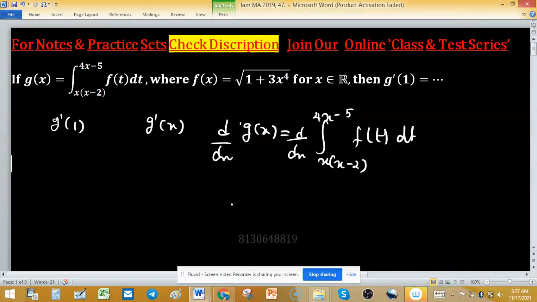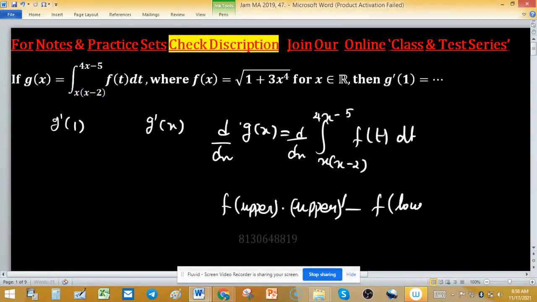According to this rule, we need to replace the integrand function variable with the upper limit and multiply with the derivative of the upper limit, minus the function variable replaced with the lower limit, multiplied with the lower limit derivative.